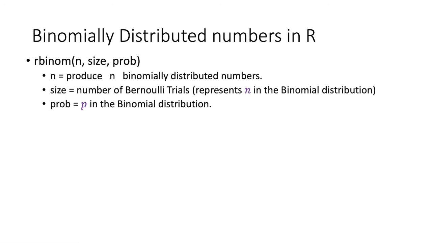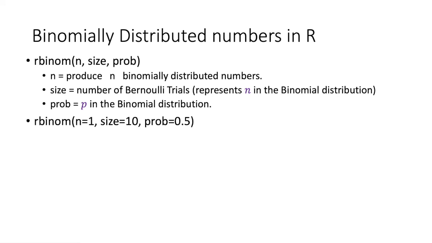Size actually means what n means in the binomial distribution literature. That is the number of Bernoulli trials. Since n Bernoulli trials make a Bernoulli process, size here represents the size of that process. The prob represents the probability of success, or p.